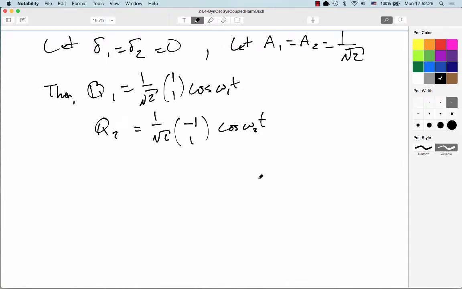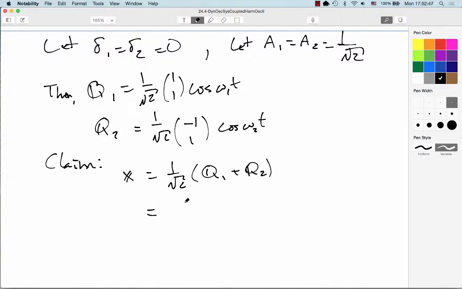So then my claim here is I could write my x's. We'll do this on a guess and check approach. I can write my x's as 1 over root 2 q1 plus q2, right?